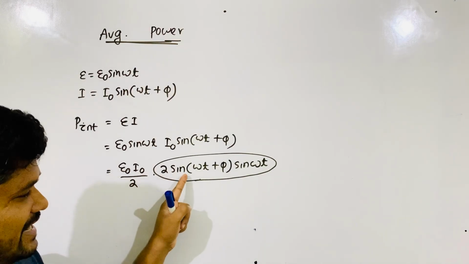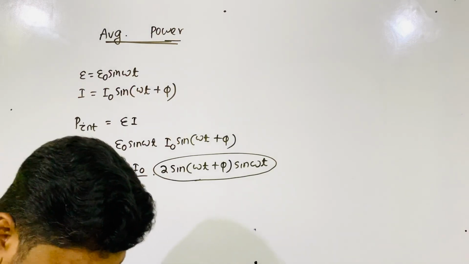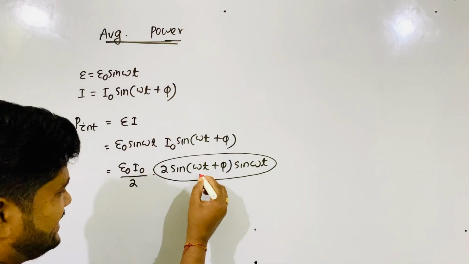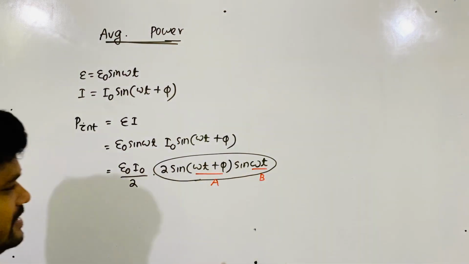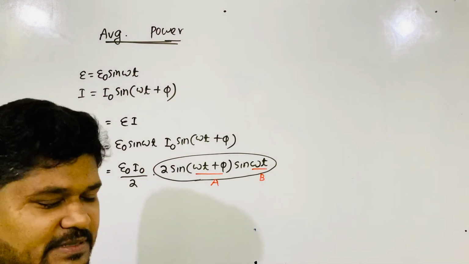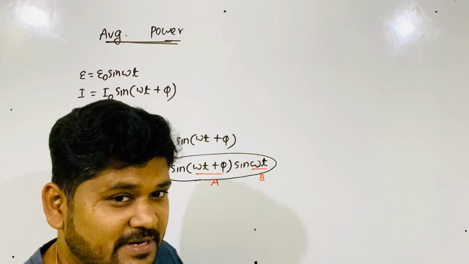2 sin A into sin B. This one we will take as A and this one as B. This formula I will use. Have you remembered it?